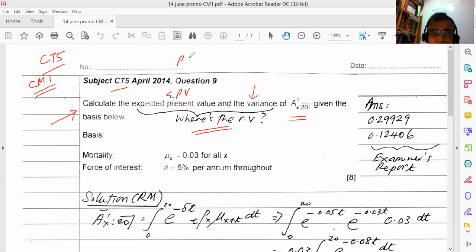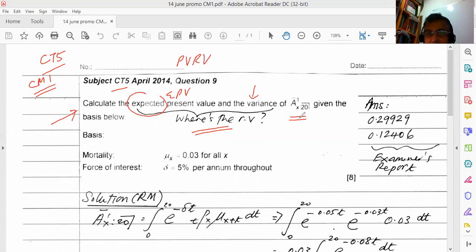When we talk about the expected present value and the variance, we are looking for random variables. So they should have mentioned something about the present value random variable representing a certain product.